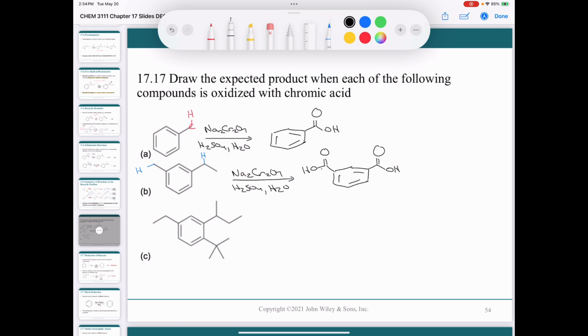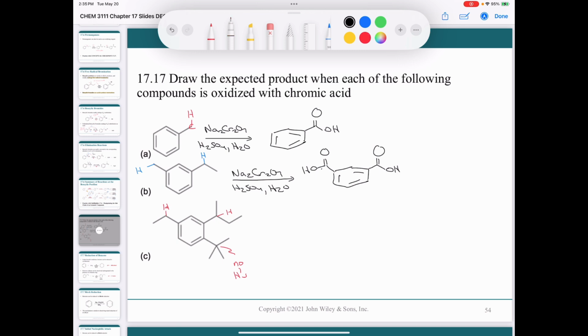All right. And for the last one, you notice that we have 3 different groups here. But you notice that only this one and this one have benzylic protons. There are no benzylic protons on this carbon, and so that tert-butyl group is not going to undergo oxidation.